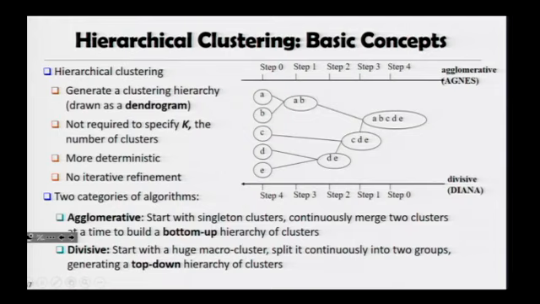If you stop at step 1, you will have A, B, C, D, E, totally 4 different clusters. So you don't need to specify the K, but you need to specify a certain stopping criterion where you're going to stop this merging or partitioning process.